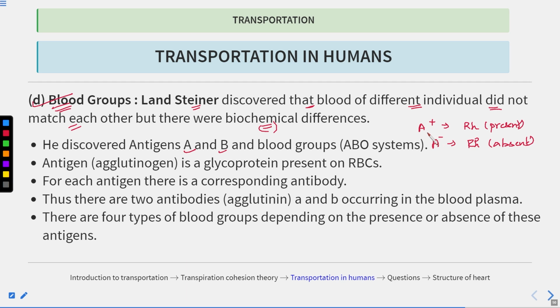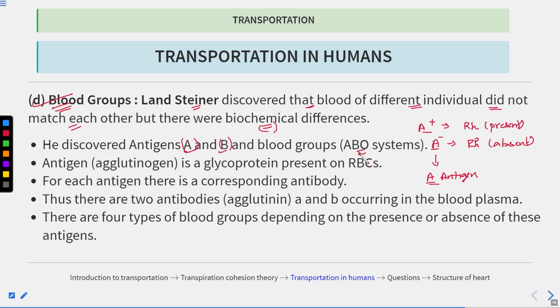And this is the A blood group. It carries the antigen A. A antigen is present. And if we talk about the blood group B, so B antigen will be present here. So Landsteiner discovered the antigen A and B and the blood groups ABO.